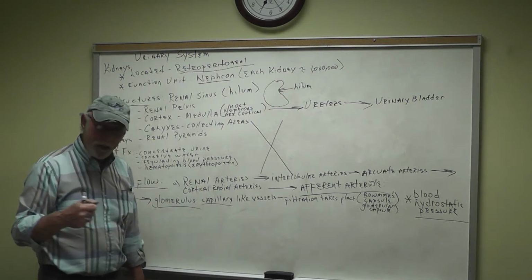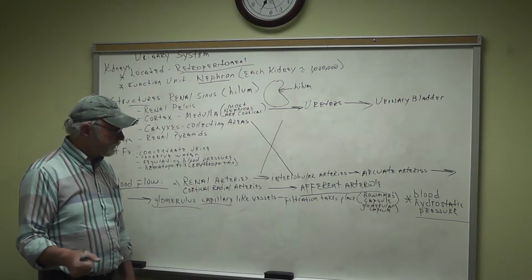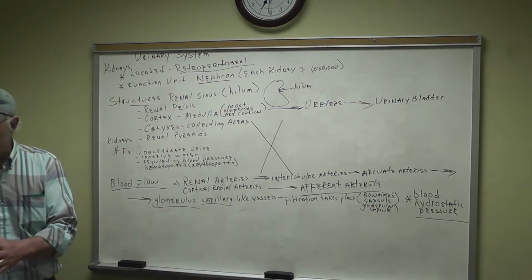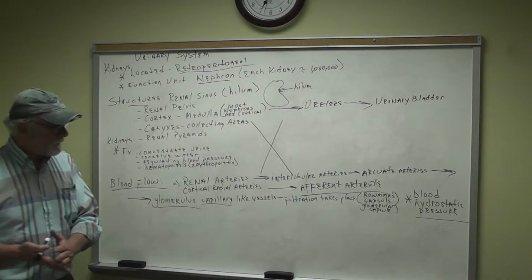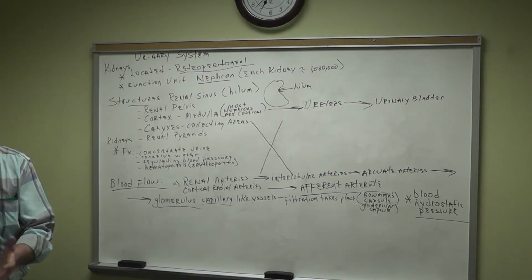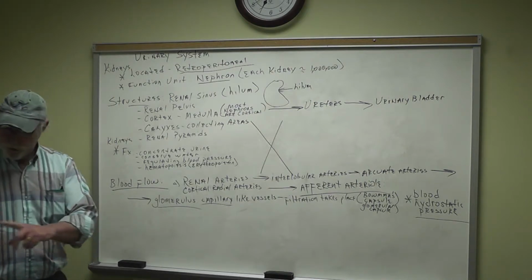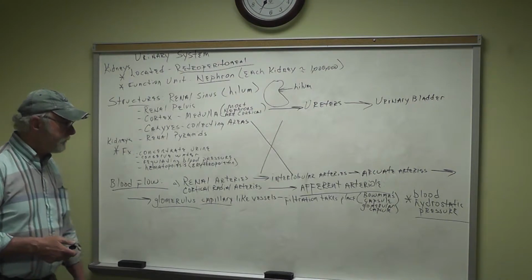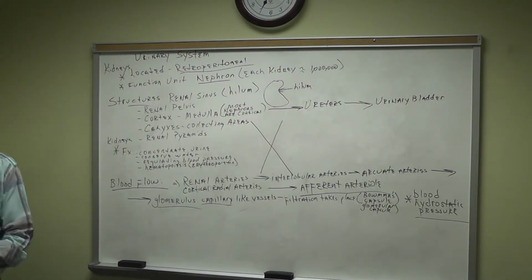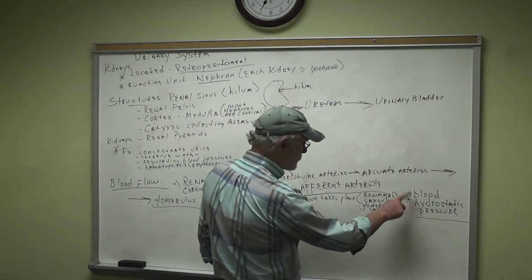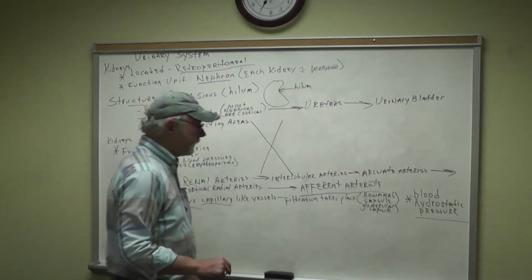Now, things that are not generally filtered or removed from the blood during this process are red blood cells, formed elements, and larger plasma proteins. But things like water, salts, sodium and chloride and phosphates and certain magnesium ions, all of these things, they're filtered out and they collect in this Bowman's capsule, okay?